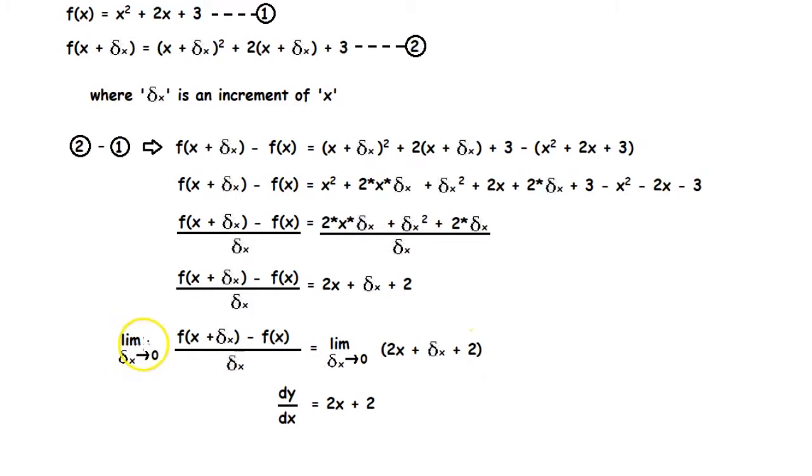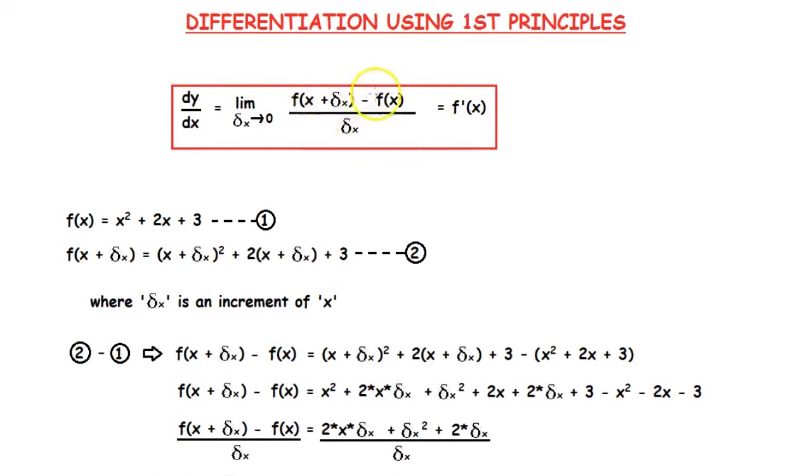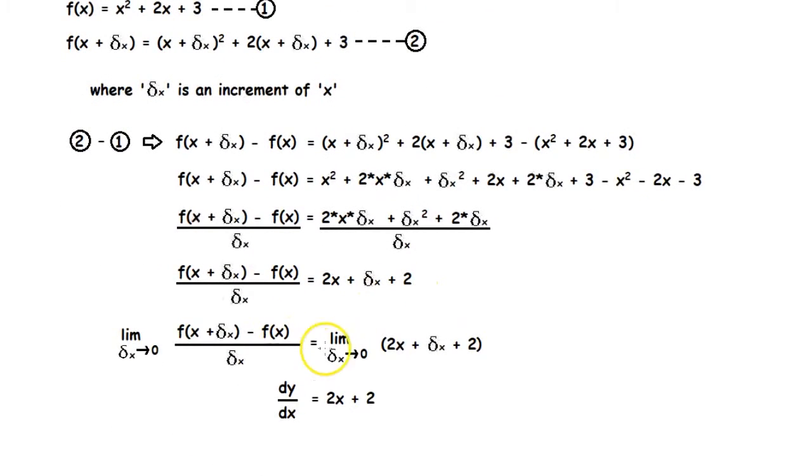Now this part is basically dy by dx. When you look at our formula here, this is equal to dy by dx. For the right hand side of this equation, we use direct substitution. When we substitute delta x to 0, we get dy by dx is equal to 2x plus 2. So that is how you find the derivative of a function using the first principles.